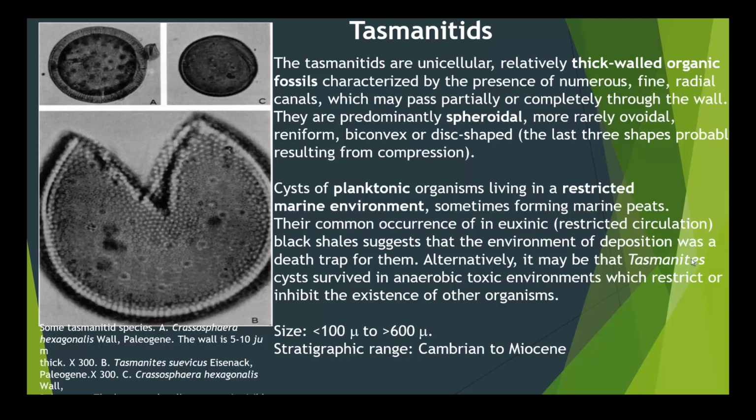Or alternatively, it may be that Tasmanites cysts lived in anaerobic toxic environments which restrict or inhibit the existence of other organisms. They range in size from less than 100 microns to 600 microns. Their stratigraphic range is from Cambrian to Miocene times.